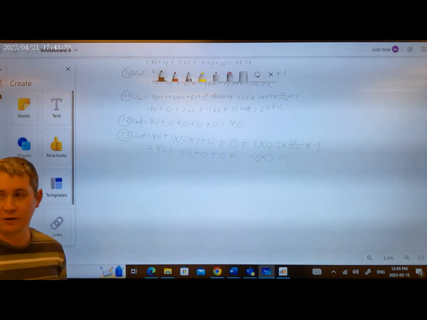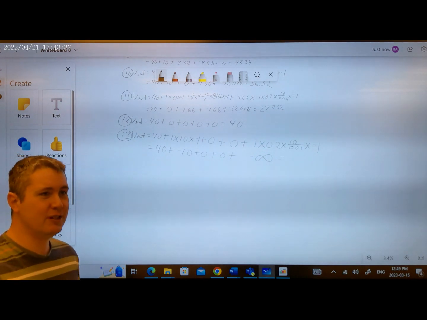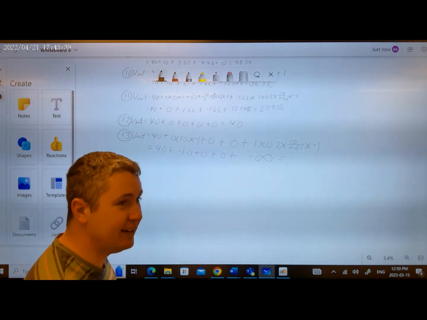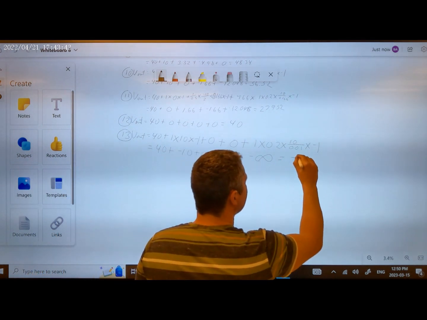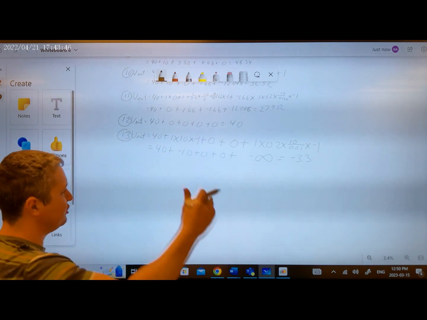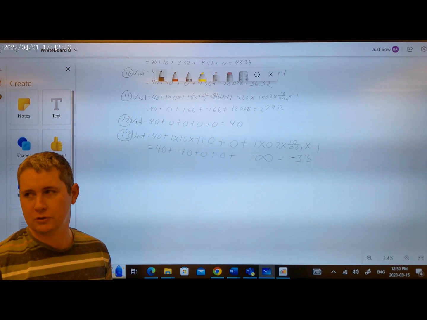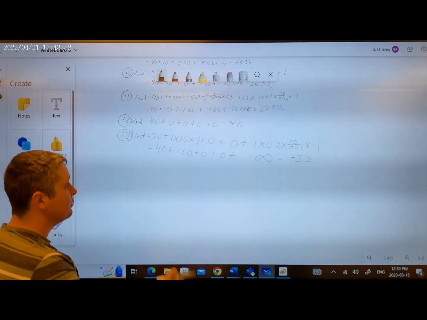Our output of our controller minus 3.3. Right? Minus 3.3, not because that's what the math says. The math says it should be just through the floor. But the fact is our output from our controller can only go to minus 3.3.